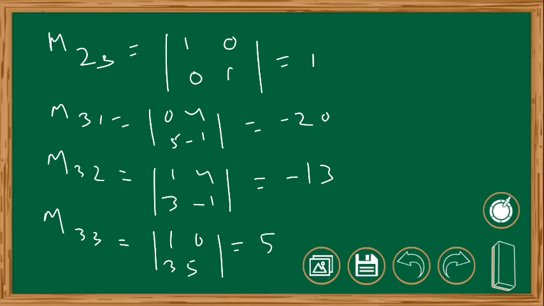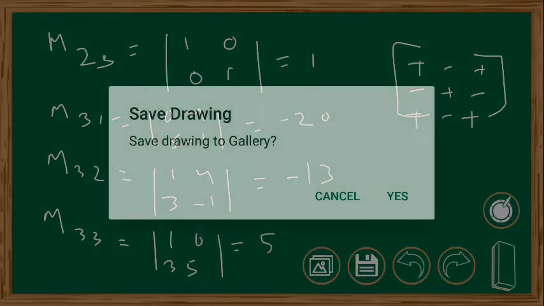Now when you find the cofactors, what you have to do is simply follow a sign convention for 3 cross 3. This will be plus minus plus, then again minus plus minus, and then plus minus plus. So if I want to write C11, it will be plus M11.